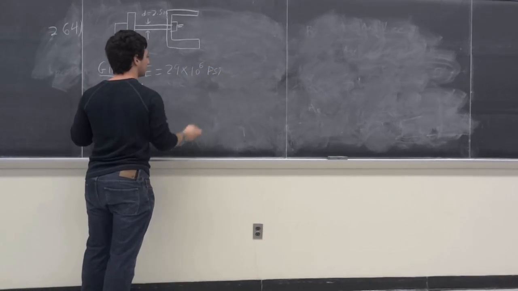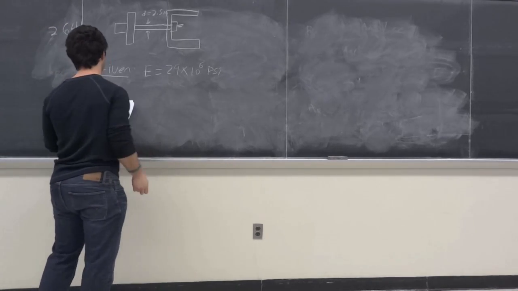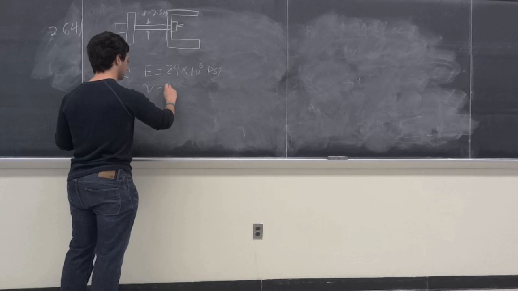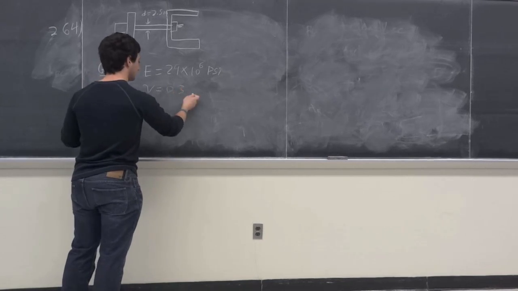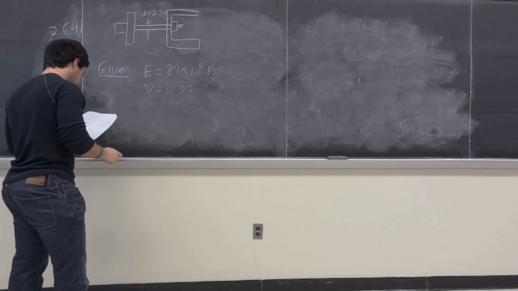You don't have to remember Young's modulus. On the exam, if he says it's steel, he's going to give you the Young's modulus. But that's a common value you're going to see throughout this course. And the Poisson ratio is 0.3.